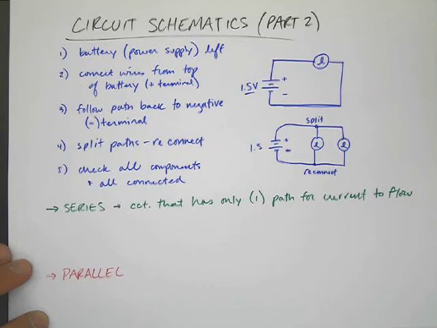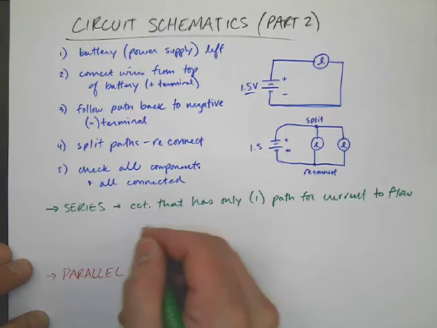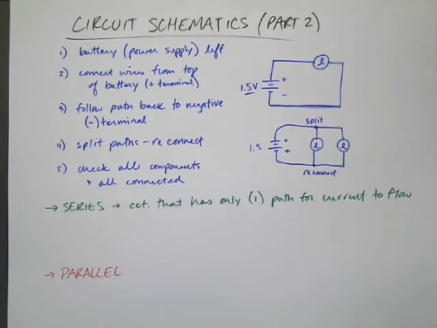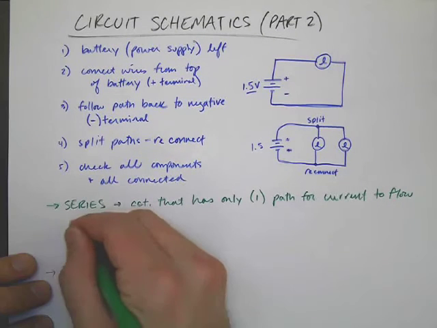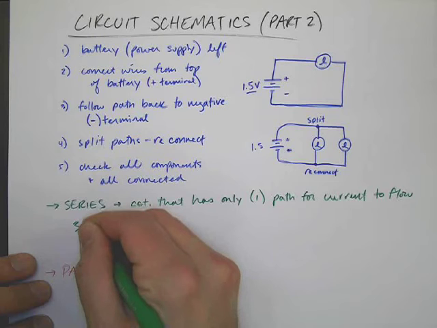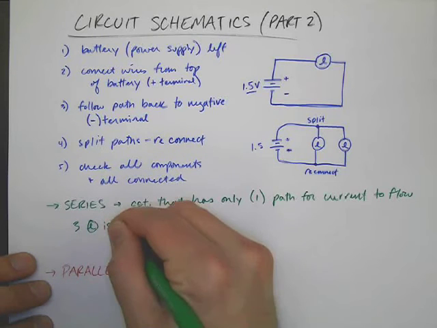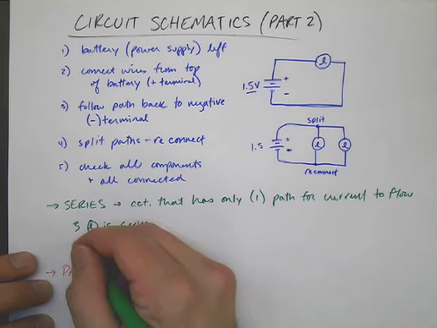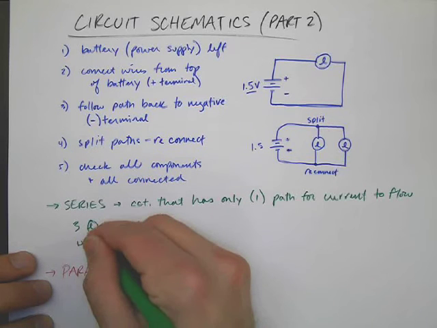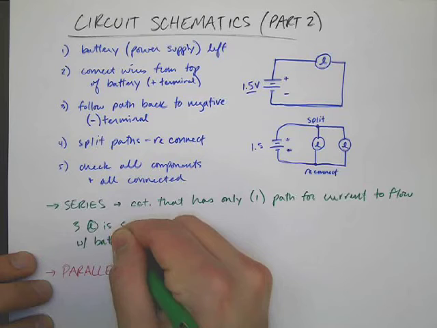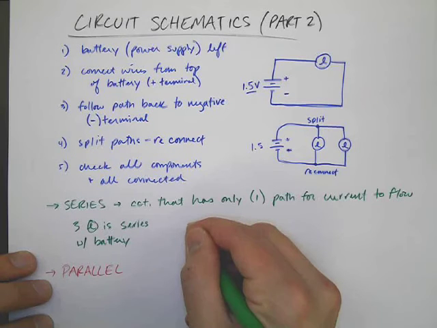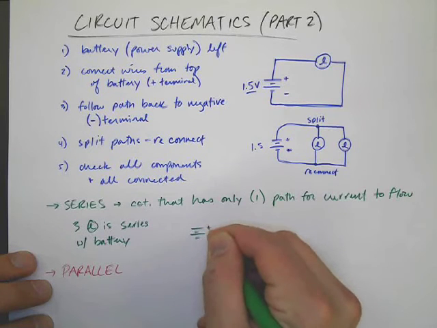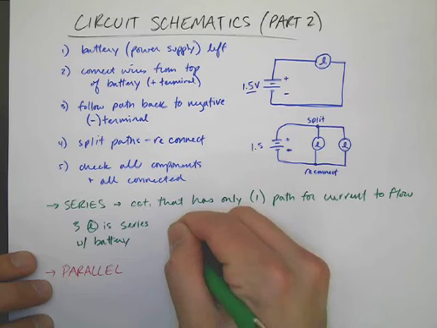So, for example, if I have 3 light bulbs in series, my circuit would look like this. I'm going to start with my battery, positive, negative. Let's say it's a 3-volt battery.